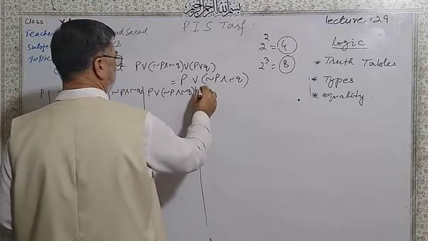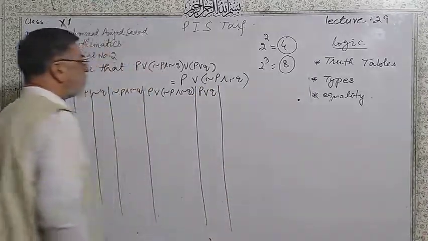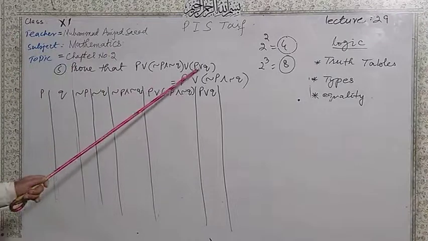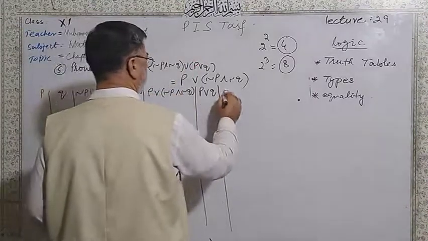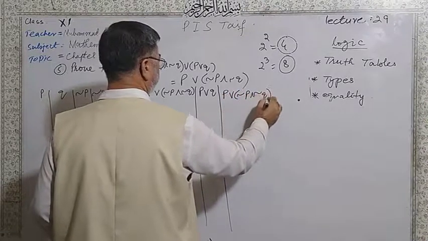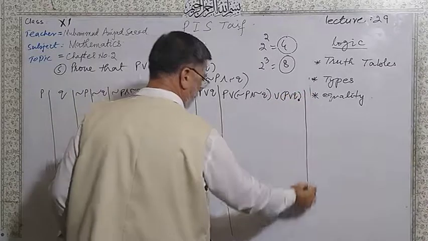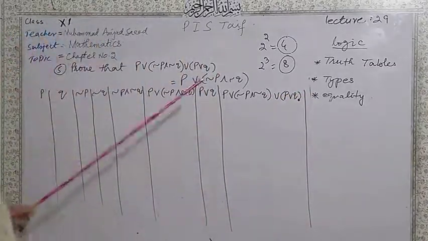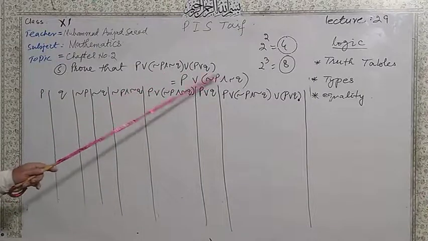After that, P or Q. Then we will take P or (not P and not Q), or P or Q, where or means union and and means intersection.